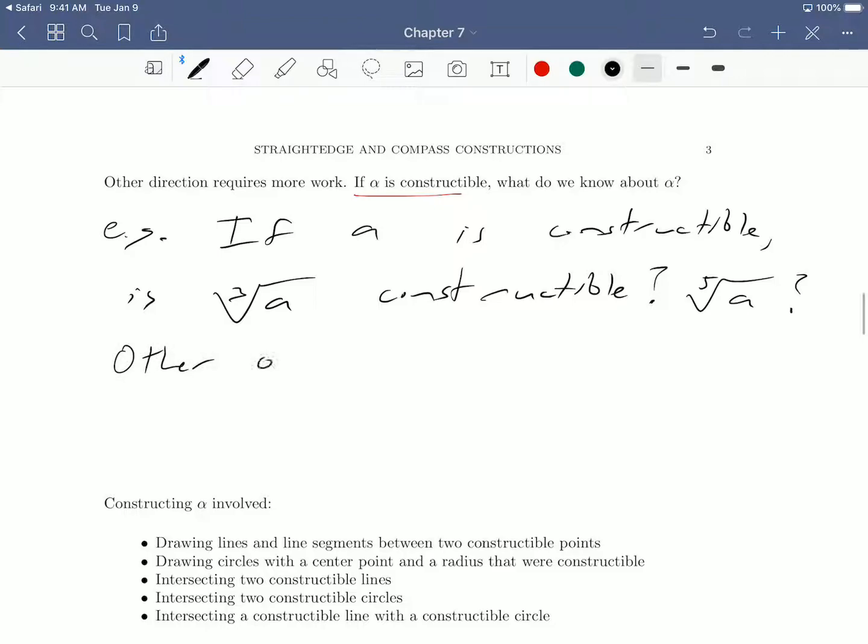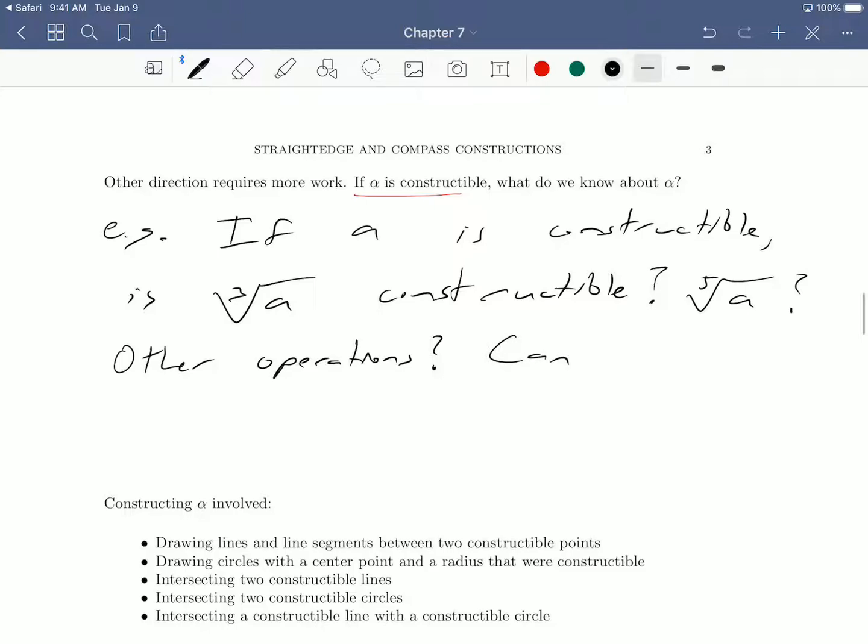And maybe there are other operations that we're not sure if we can construct or not. I gave you a set of, I don't know, 5 problems maybe, and you did a bunch of constructions to see what you could do, but maybe there are more I could have given you. So we want to think through that.